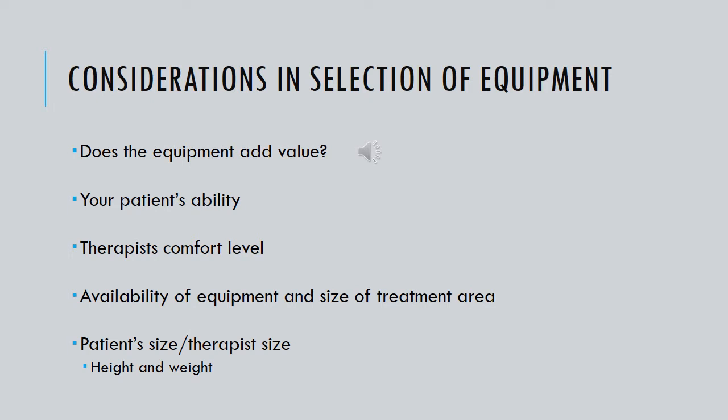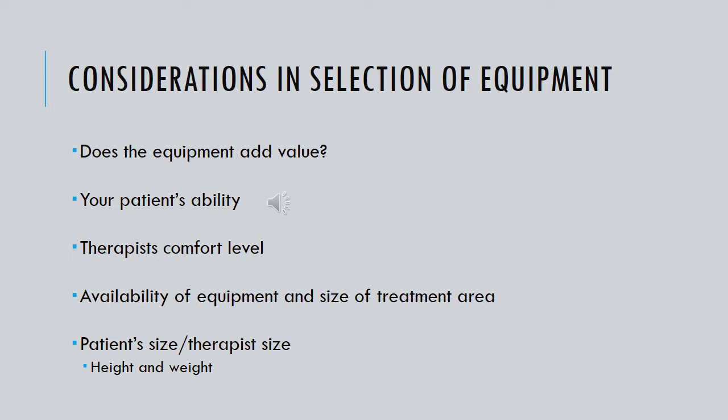Some equipment may be motivating to some patients and you think it's going to add value for that reason. You can make an activity harder or easier by use of therapeutic equipment. So the overall selection process begins with determining what value you think adding the therapeutic equipment or pieces of equipment will have.